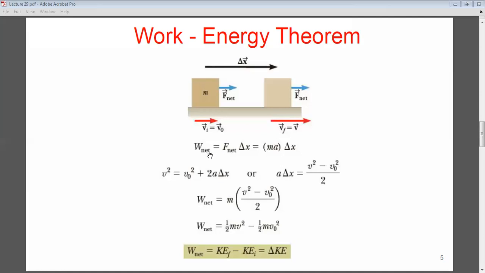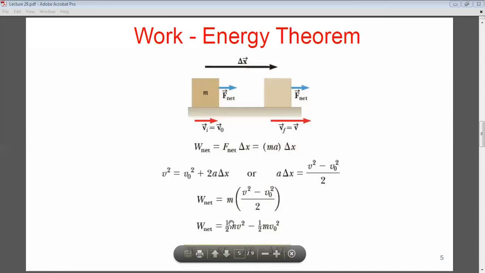Now, back to W net. So W net is ma delta x. Instead of a delta x, I will put (v square minus v initial square) over 2. And now let's look at it. W net is equal to m times v square over 2, which is half mv square, minus m times v initial square over 2, so minus half mv initial square.